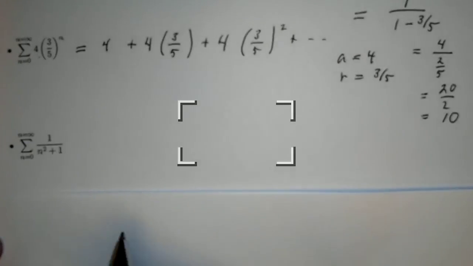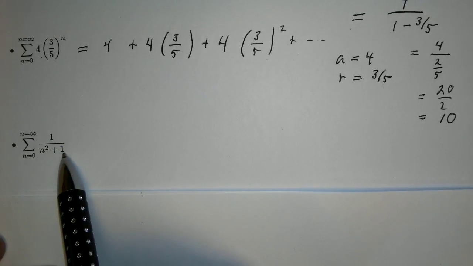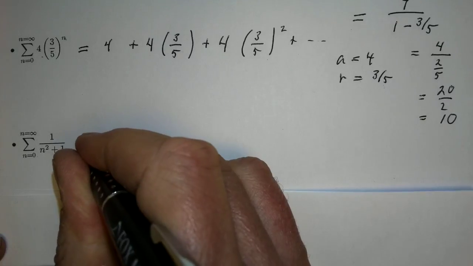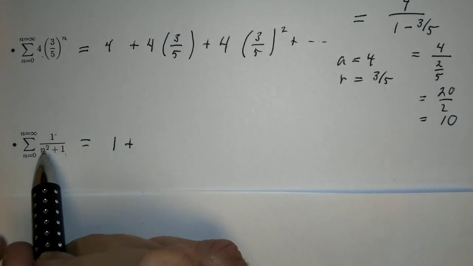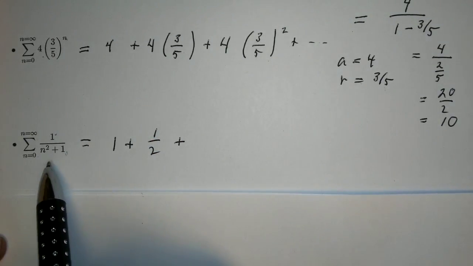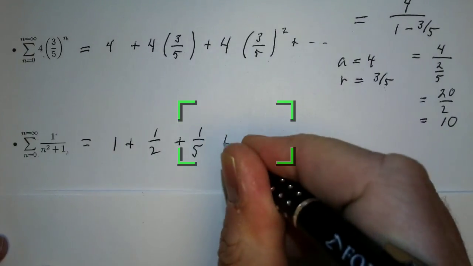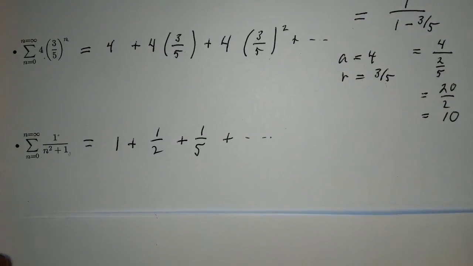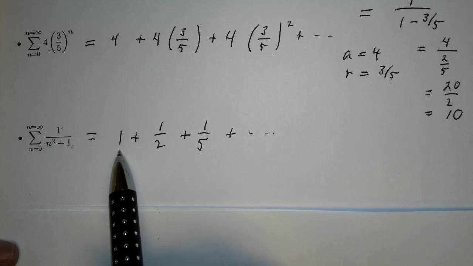Next example, the sum from n equals 0 to infinity, 1 over n squared plus 1. If n is 0, we get 1. If n is 1, we get a half. If n is 2, we get 1 over 4 plus 1, which is 1/5, and so on and so forth. Now, in this case, the first term is 1, but there is no common ratio.